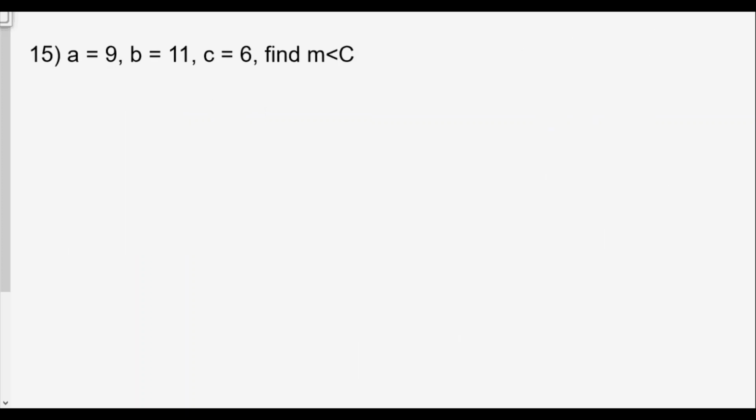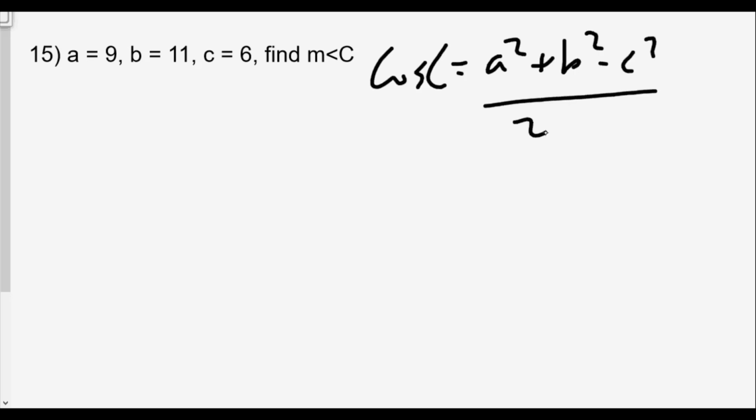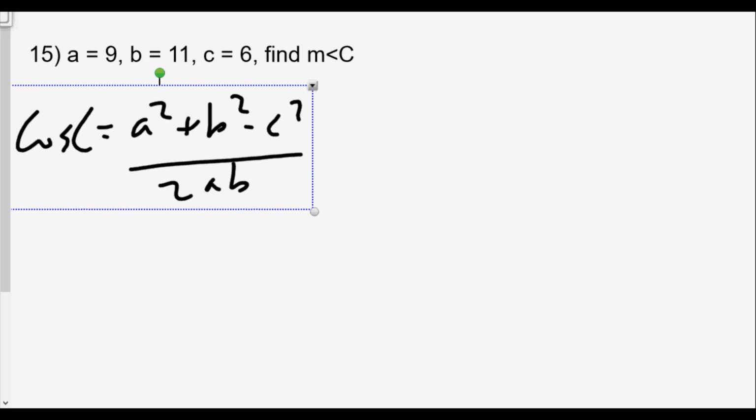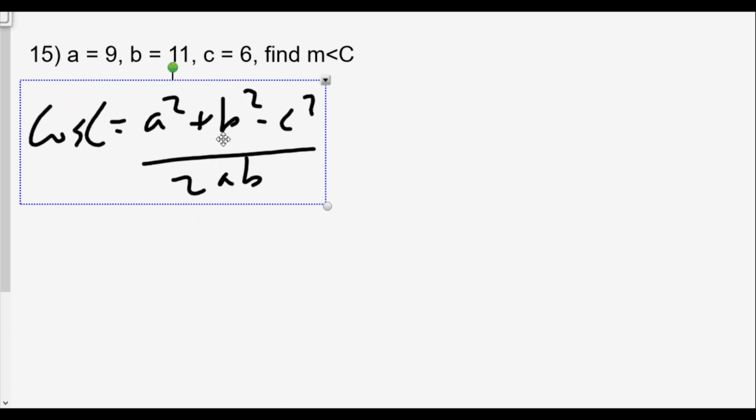Okay, and the last one is the same as before. Cosine of C is equal to a squared plus b squared minus c squared over 2ab. Let me just move this over here as our example.